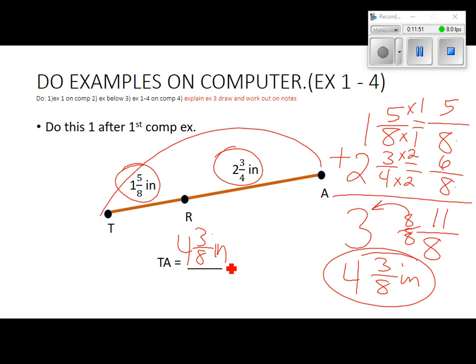If you have this calculator, all you do to add these two, punch in 1 ABC button, 5 ABC button, 8, plus 2 ABC, 3 ABC, 4 ABC, and it ends up looking something like this. 4, and it's got like a little U. 3, got a slash, and then 8. All that means your whole number is 4, and this is your fraction.